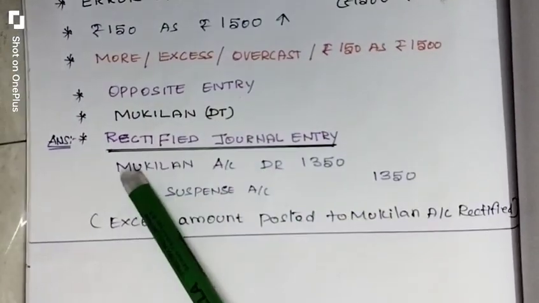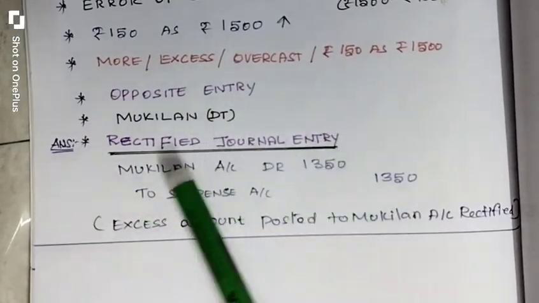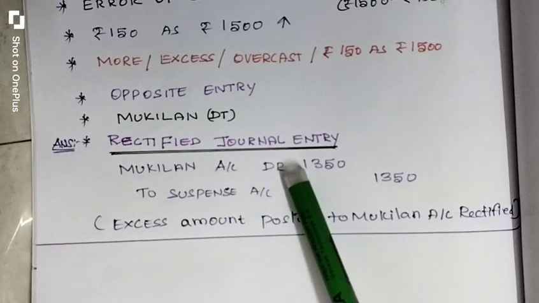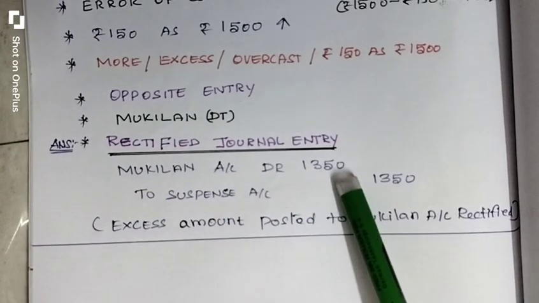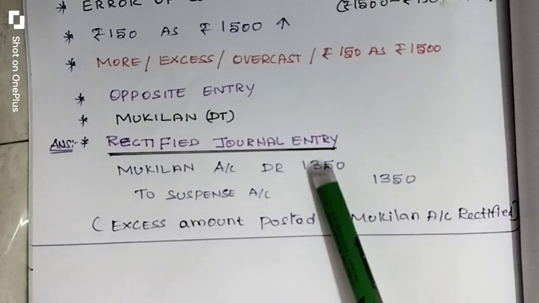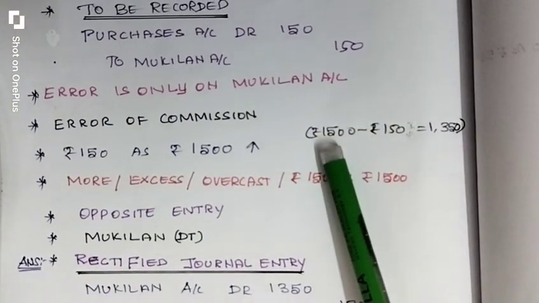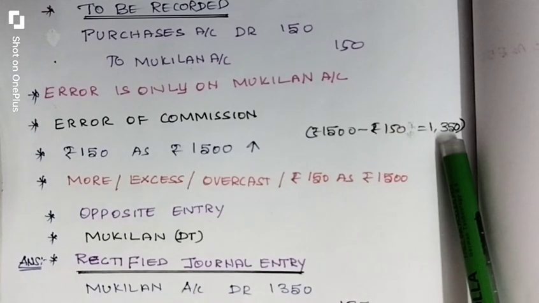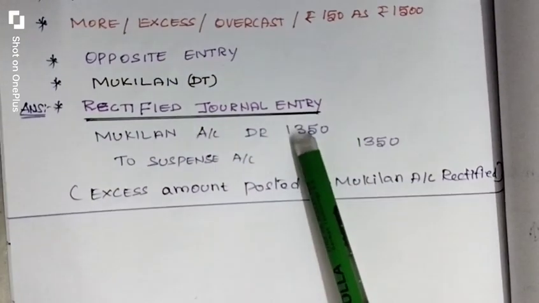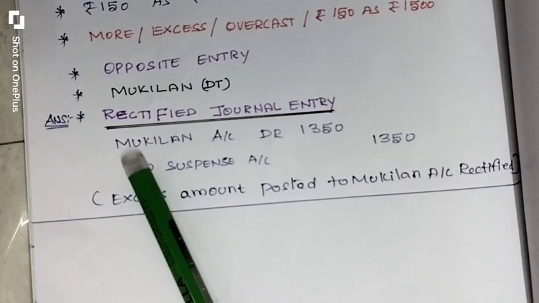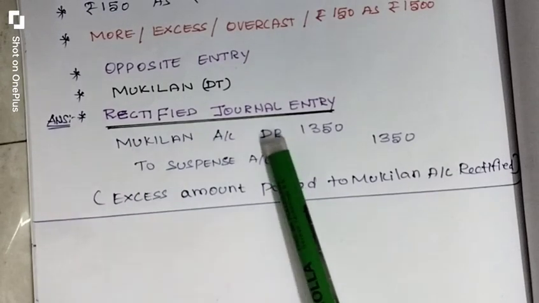Okay. So for the rectification of the journal entry, you debit the Mukilan account for rupees 1,350. How do you get 1,350 rupees? You have to subtract 150 rupees from 1,500. You will get 1,350 rupees. So for that 1,350 rupees, you enter Mukilan account on the debit side.